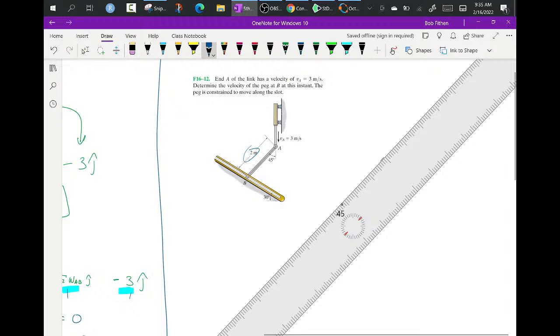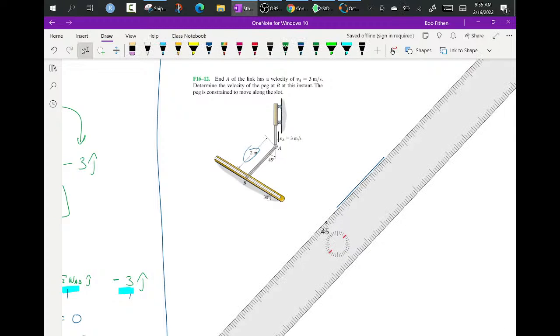I don't know. Let's see. That would be 2. That's going to be too short. I'll say this is 2. So halfway.